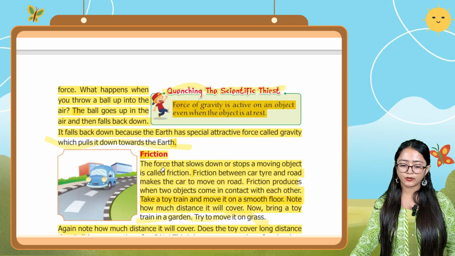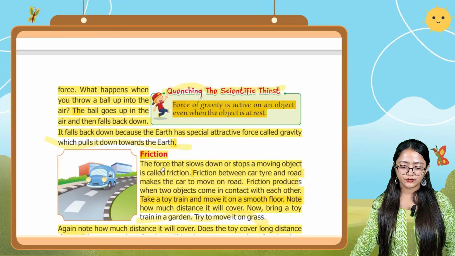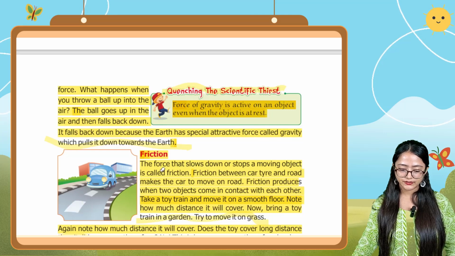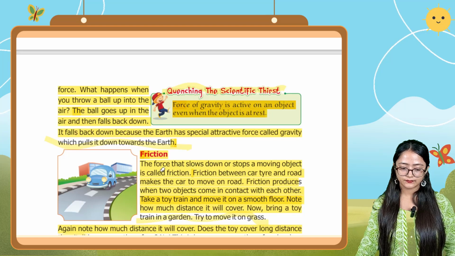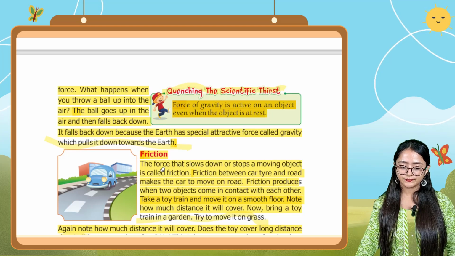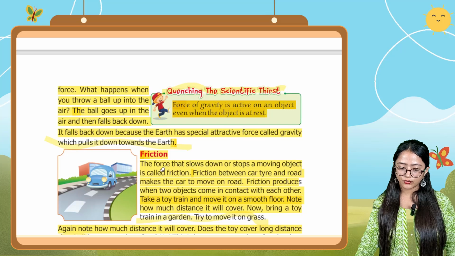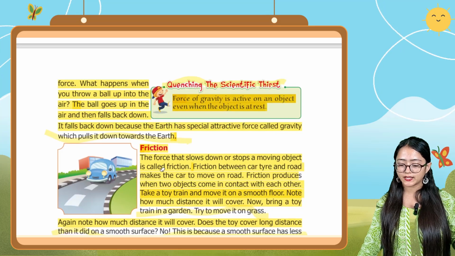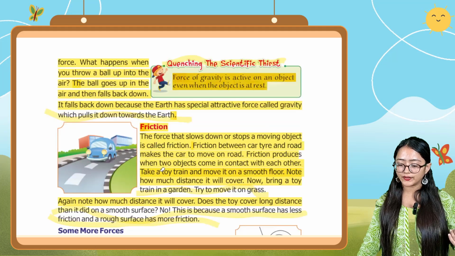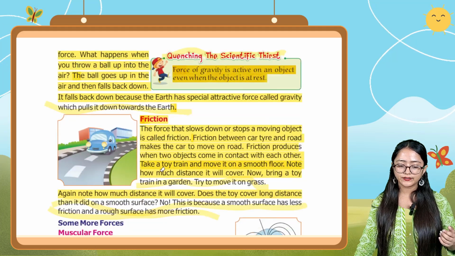The second type of force is friction. What is this friction? The force that slows down or stops a moving object is called friction.